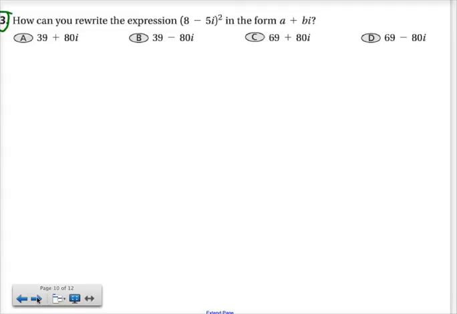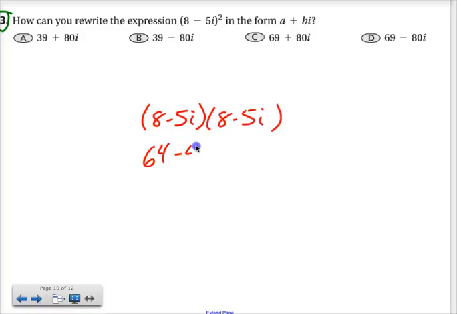Then number 73 says, how could we rewrite a minus 5i, that quantity squared, in the form a plus bi? With this one, we must multiply it out twice, because notice that power is to the right of the parentheses, and that's telling us everything in the parentheses gets written down twice. So we do first times first, outside times outside, inside times inside, or maybe we think ahead and say, oh yeah, this is where outside times outside, inside times inside end up being exactly the same.